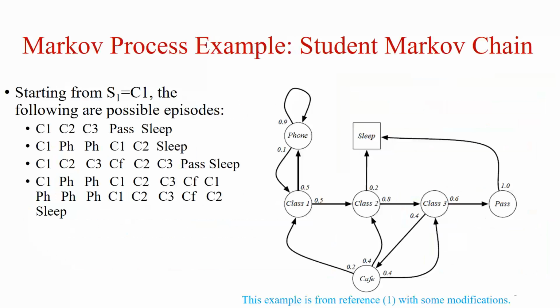Now, here is an example which I took from the earlier stated reference by David Silver, and I modified it slightly. We are taking a course, and in this course we need to go through class 1, class 2, class 3, and pass the exam, and then we finish the course. We go to the sleep state.